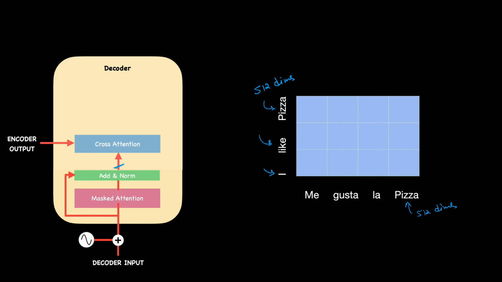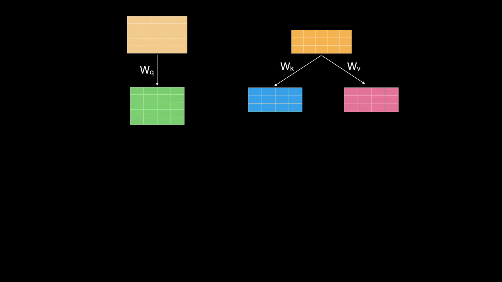Let me show you in detail how cross attention looks. The key difference here is that instead of generating key, query and value from the same embedding vectors, we are going to generate key and value from the encoder's output. So let's just assume that this vector corresponds to the word I, this corresponds to like, and this corresponds to pizza.